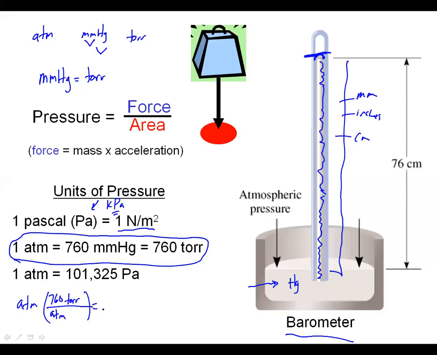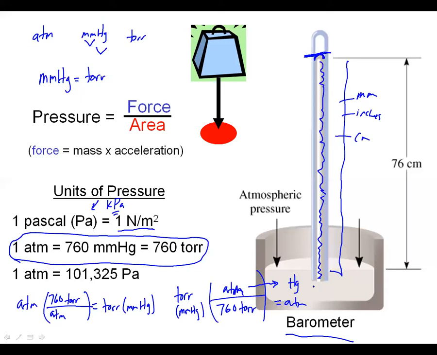And that will give you torr or millimeters of mercury, which is basically the same unit. And vice versa, if you have torr or millimeters of mercury and you want to convert it to atmospheres, you're going to divide by 760. And you'll get your atmospheres. So 760 is kind of an important number. It is the kind of conversion factor that we oftentimes will use.